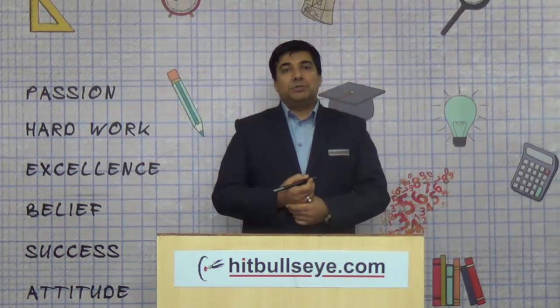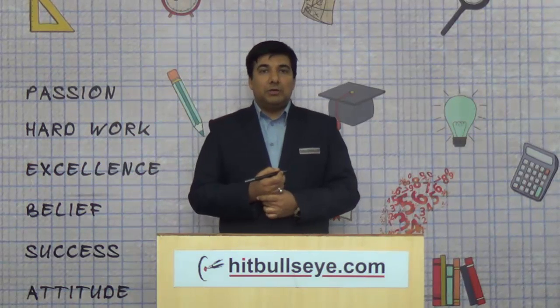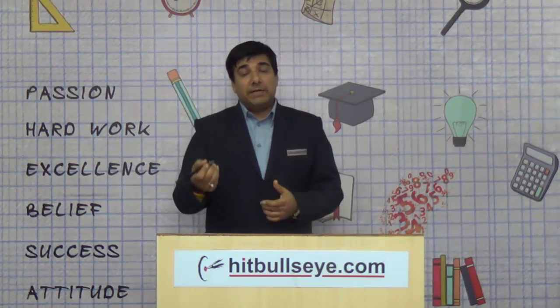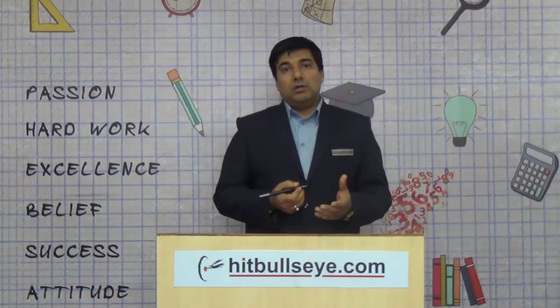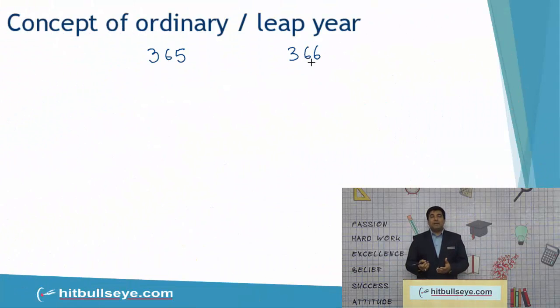Now there's an exception to this rule. The exception says that the end of the century year, which would look like 1700, 1800, 1900, and so on, would be leap only when divisible by 400 and not just 4.